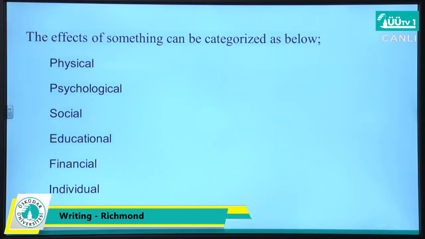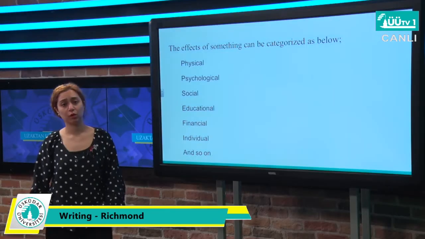So when we are writing an effect paragraph, to make our job easier and for the reader to read easier, we can categorize the effects of something, such as physical, psychological, social, educational, financial, individual, and more. Let's say our topic is alcohol.